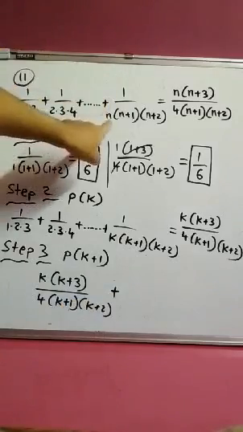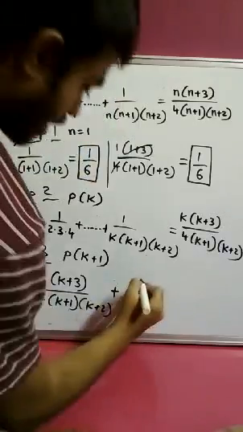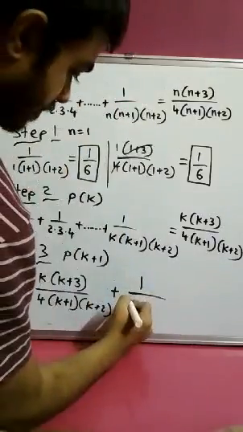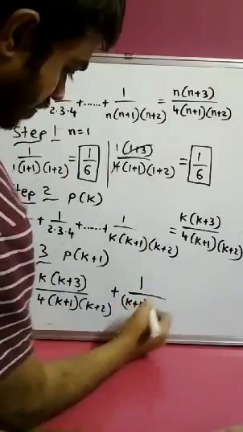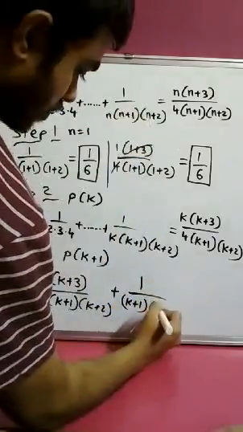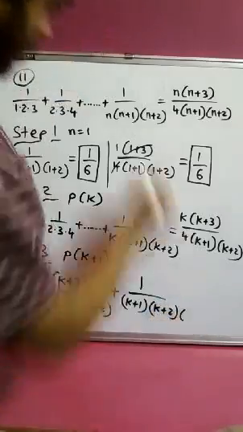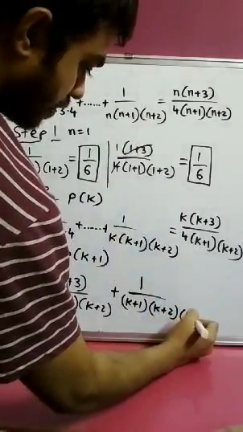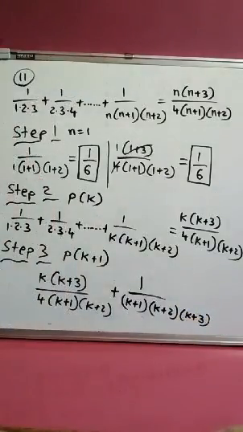So here wherever n is there you put k plus 1: 1 by (k plus 1) into (k plus 2), here k plus 3.